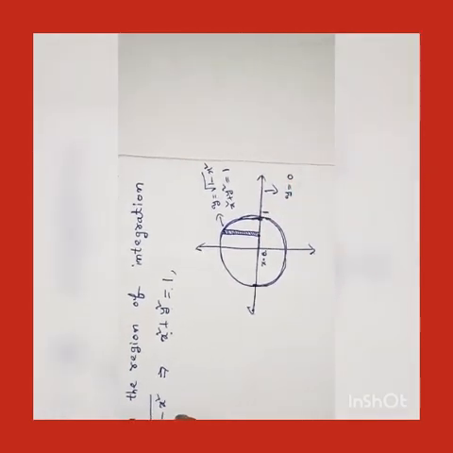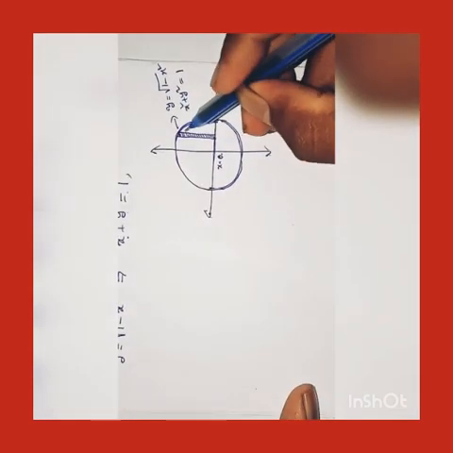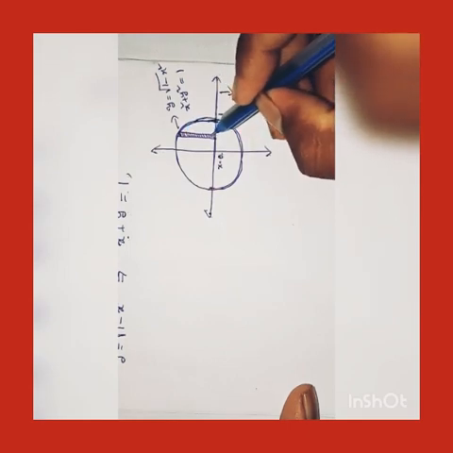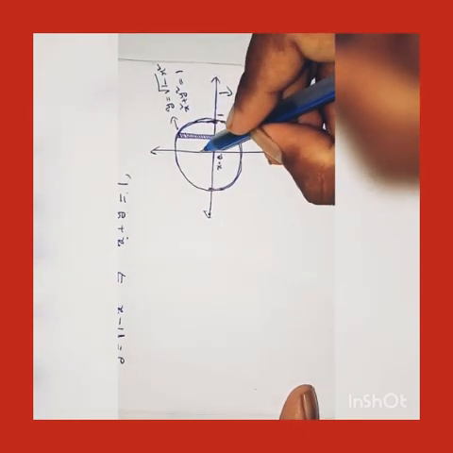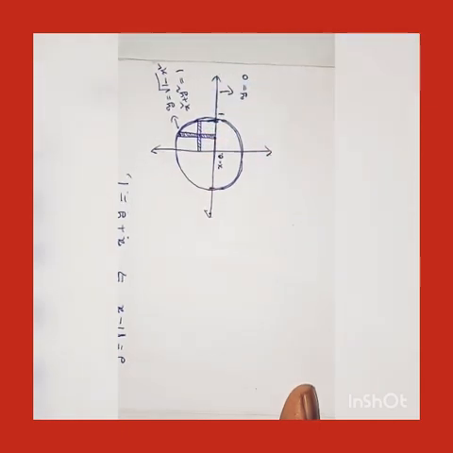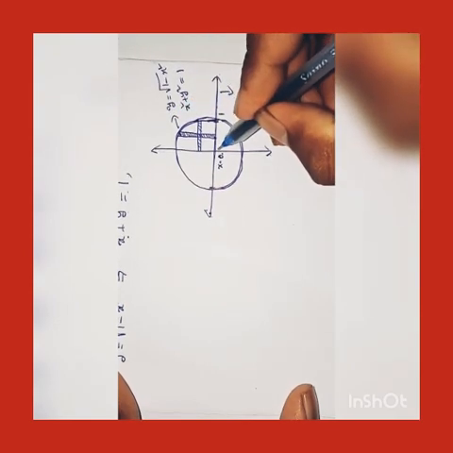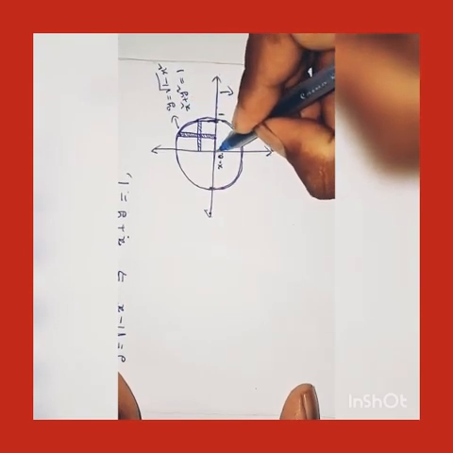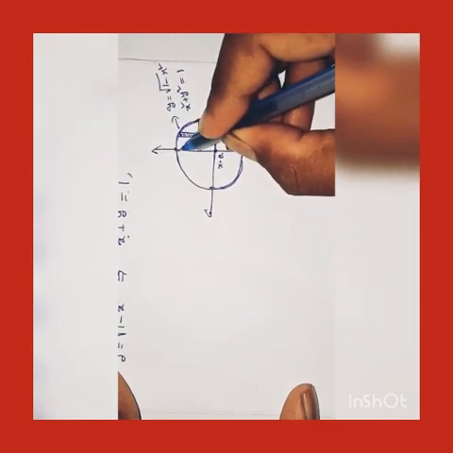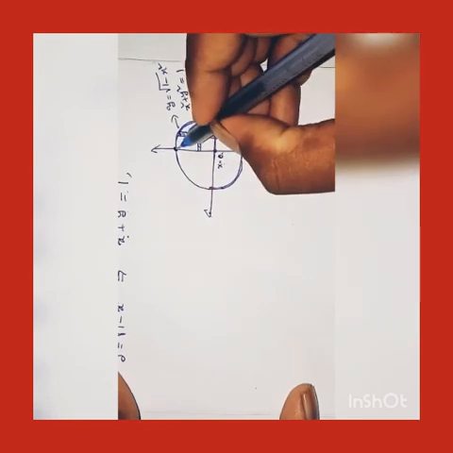Okay, to change the order of integration, we change this vertical line to a horizontal line. Now this time we notice that y is moving from 0 to 1.